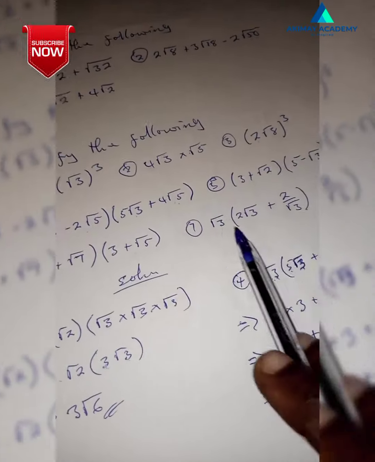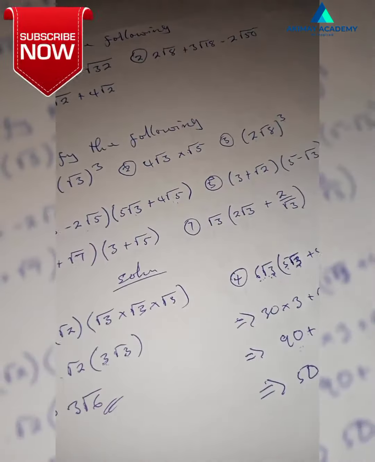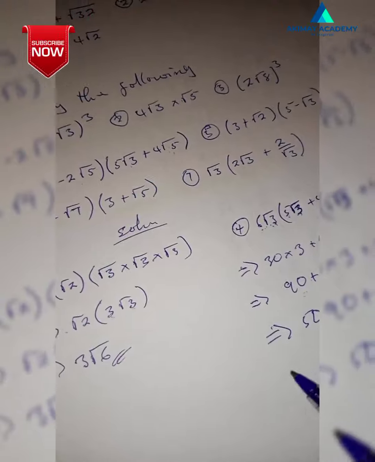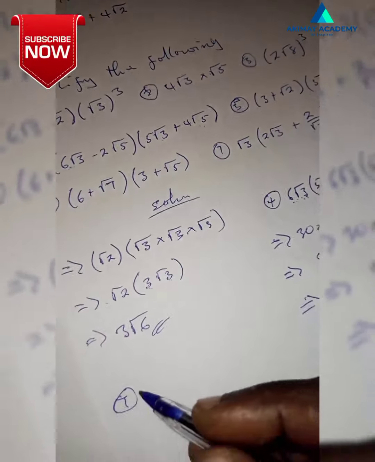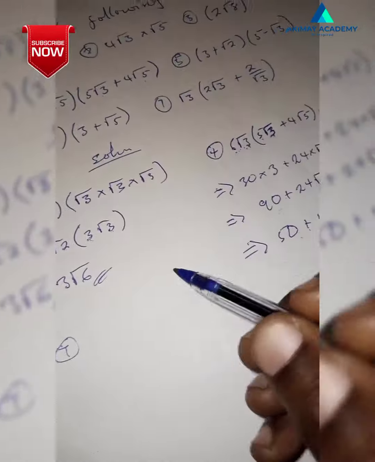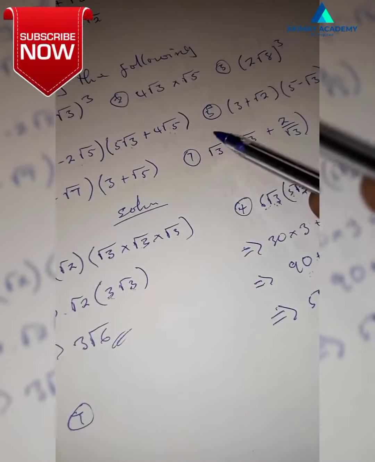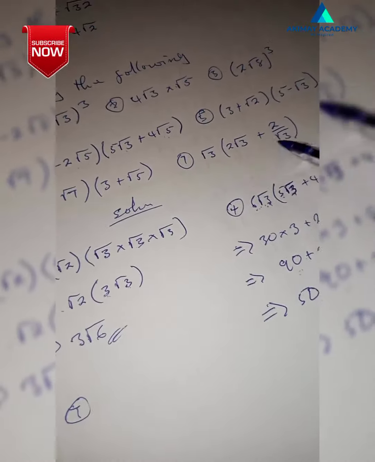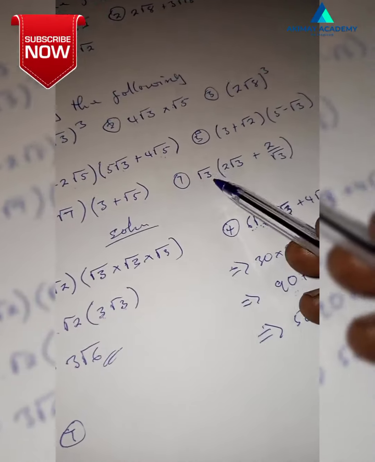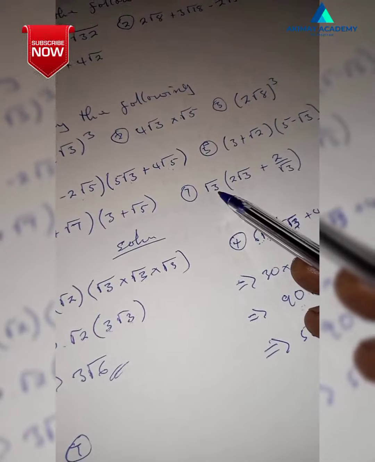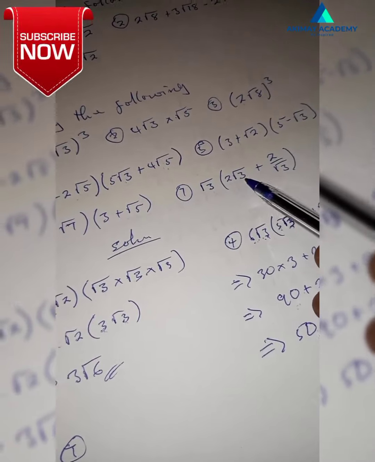Okay, good. Let's try question 7, which is a little bit different, but they are all the same. Here we have only one item, which is to multiply this binomial. So we multiply root 3 by 2 root 3.